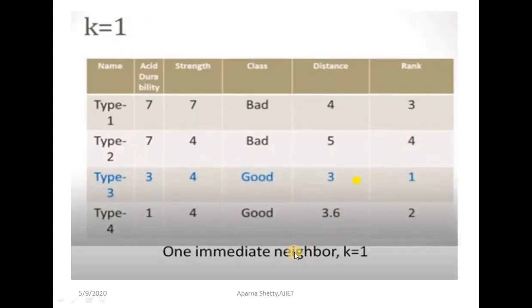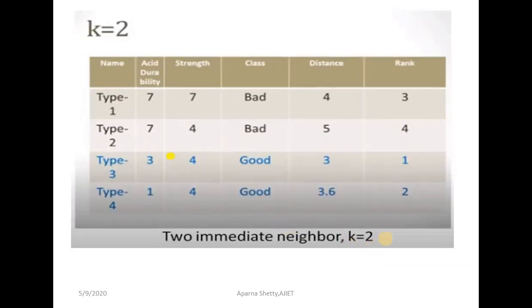Only one nearest neighbor: if the value of k is equal to 1, that means only one nearest neighbor, and this training record is selected as the nearest neighbor. If the value of k is equal to 2, which are the two closest points, this record and this record you will select as the neighbors based on the distance.